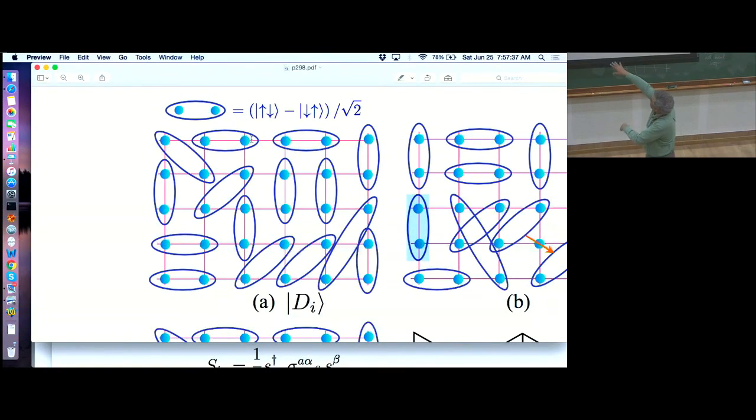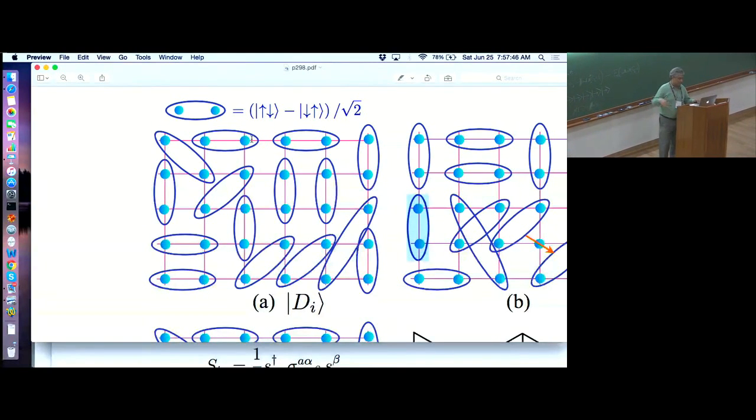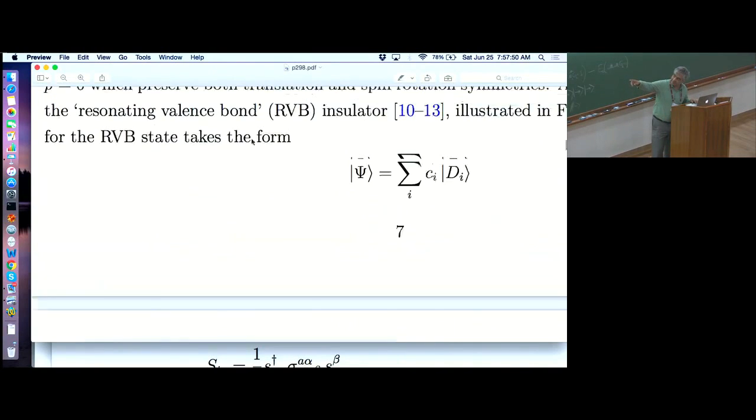And so this is some configuration of spin singlets, which you call D_i, and then you sum over all the configurations. So your wave function is the sum over all configurations of the singlets, which is written over here.